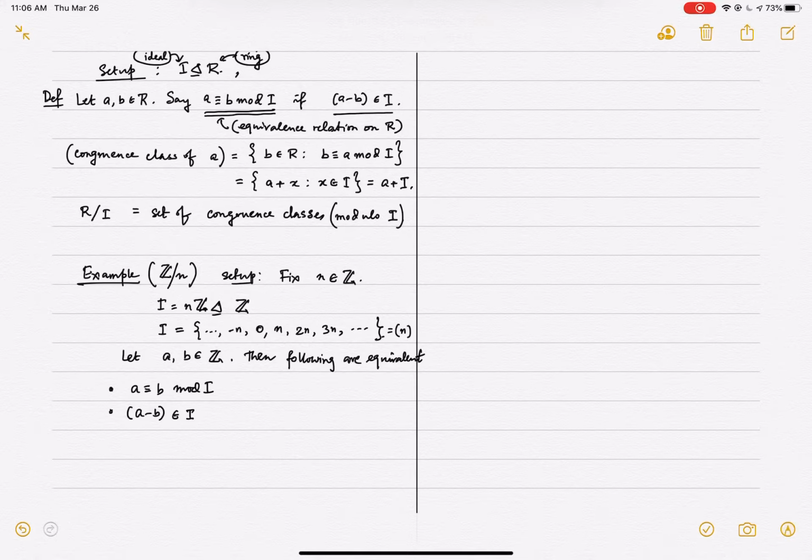A is congruent to B mod I simply means the difference is in I. That's the definition. But saying that the difference is in I just means, well, the ideal I is after all multiples of n. So the difference being in there means that the difference is a multiple of n. So that's the same as saying that A minus B is a multiple of n.